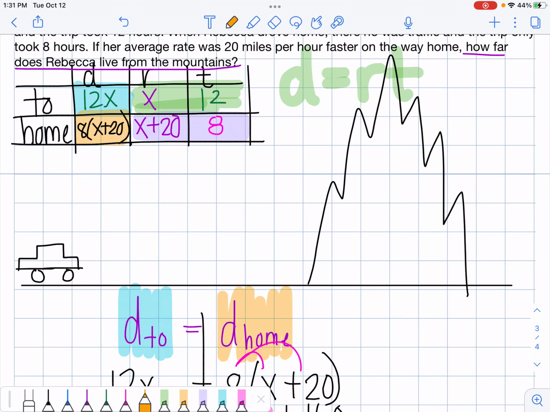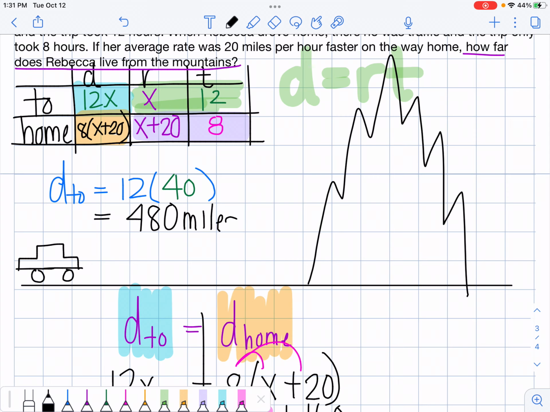So I'm going to use the blue guy, and I'm going to say the distance to is equal to 12 times x, and we just found out that x is equal to 40. So I have to multiply. How much is 12 times 40? You can use a calculator. It gives you 480, and the units on this would be miles. So Rebecca lives 480 miles from the mountains.